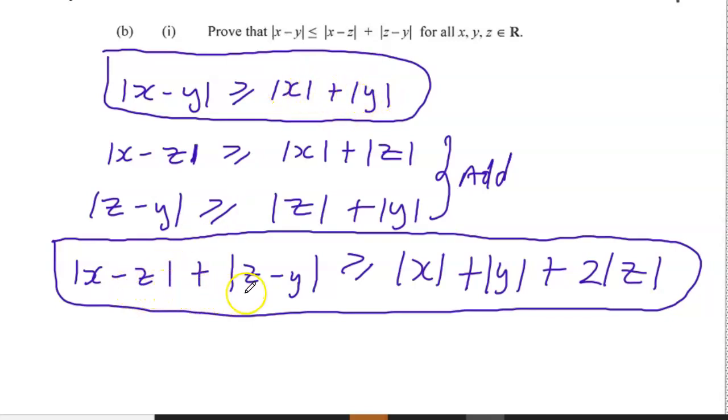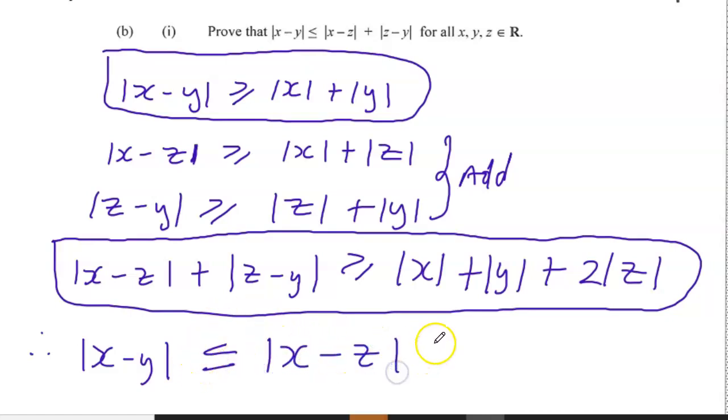And this summation here has the same mod x plus mod y plus an extra term, 2 mod z. So it's logical to deduce that the modulus of x minus y would certainly be a smaller value than the modulus of x minus z plus the modulus of z minus y.